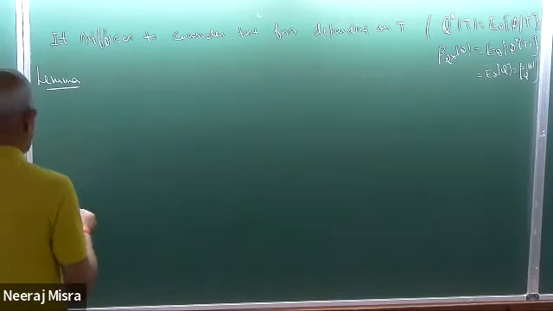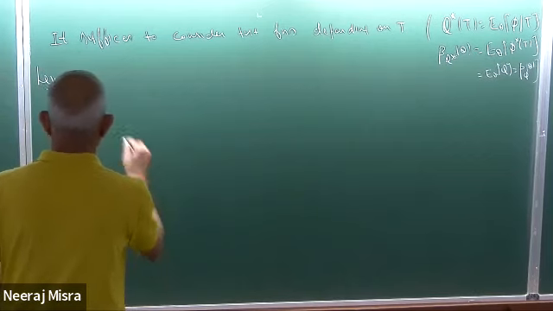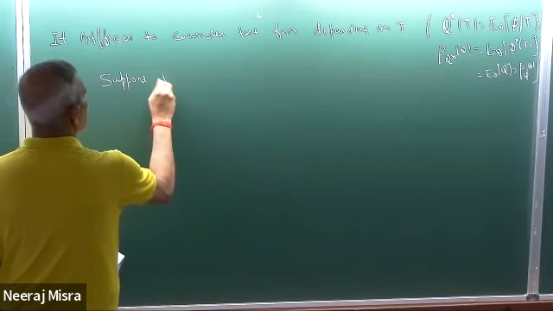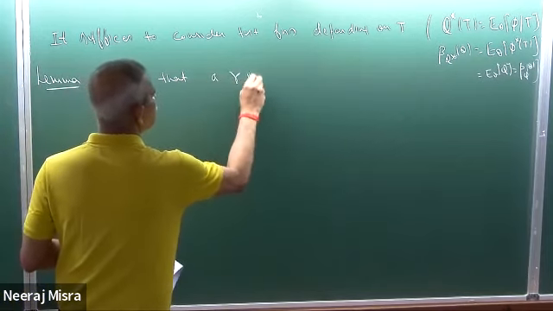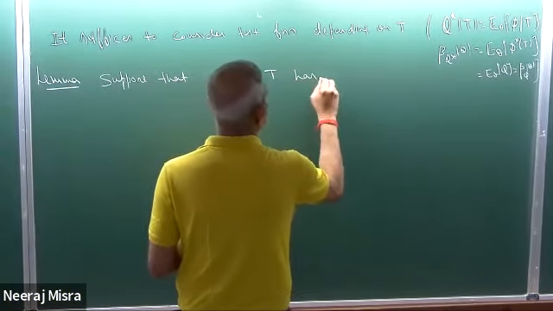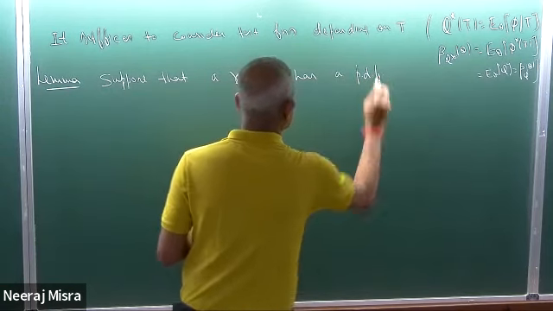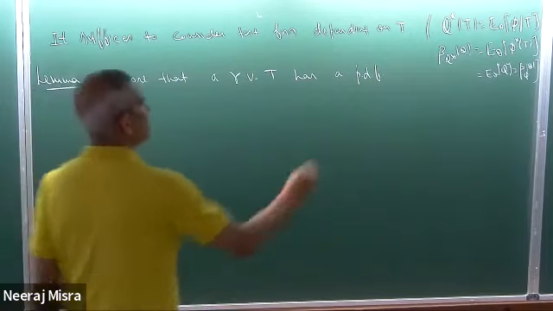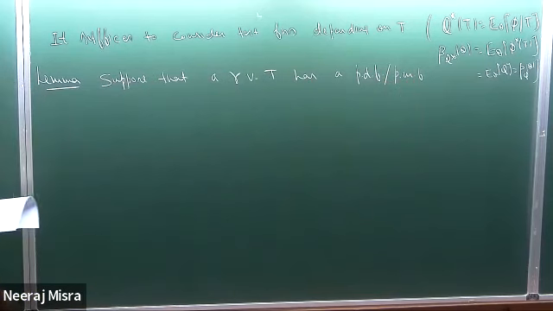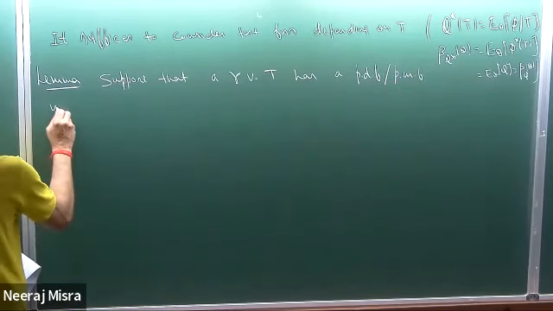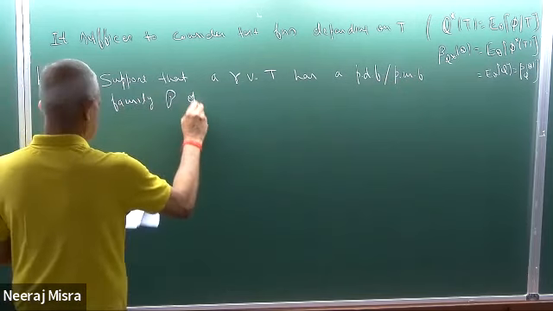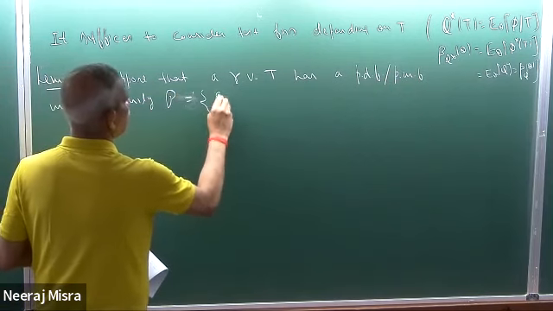Suppose that a random variable T has a PDF or PMF in the family P, let me call it a parametric family, G theta.